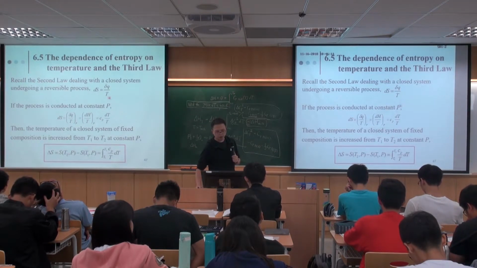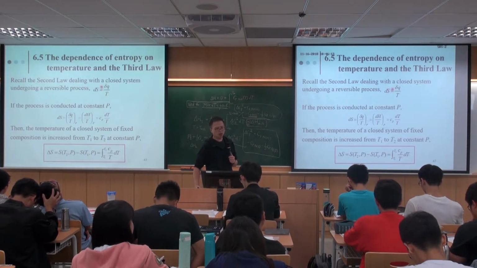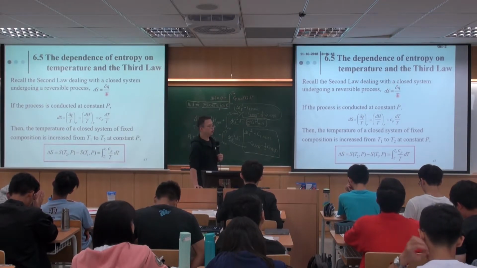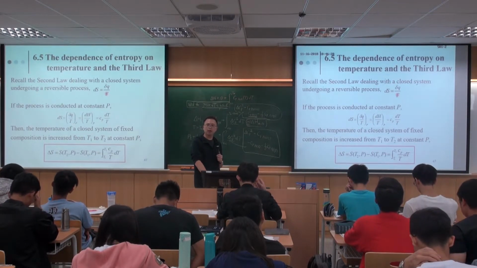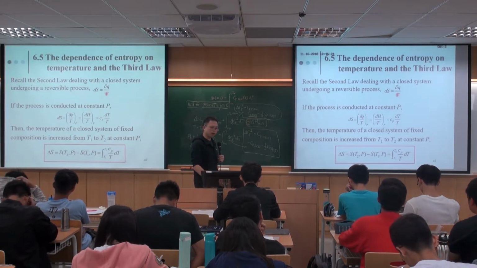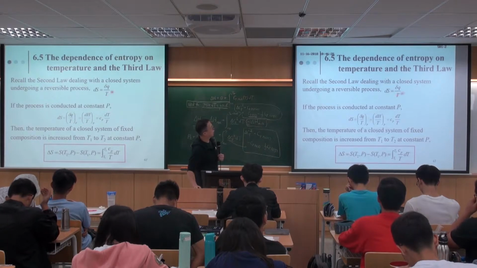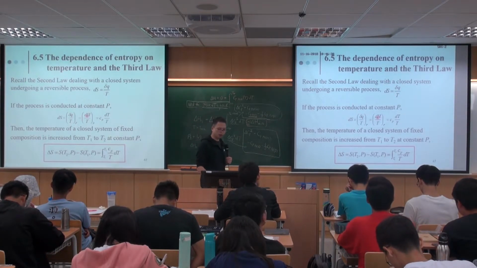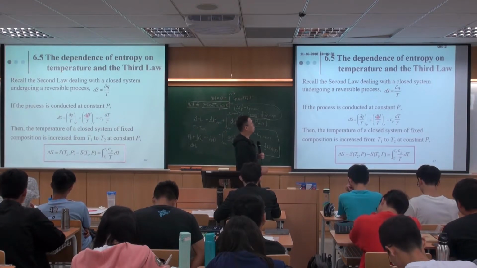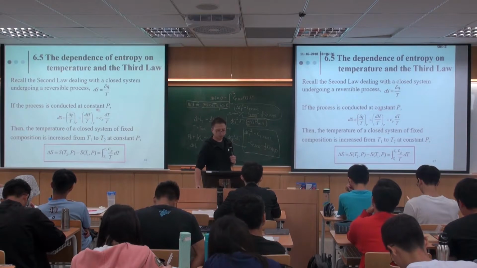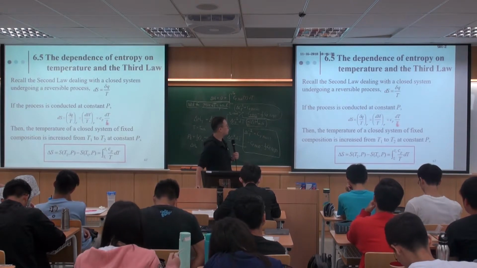So for delta S, of course, based on the second law, it is delta Q over T. And if we're doing the process at a constant pressure, which is an isobaric process, then this delta Q is simply dH, right? It's only enthalpy. So it turns out this is Cp dT, and therefore dS is simply Cp dT over T.